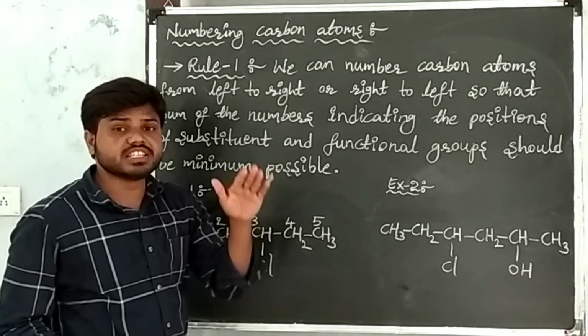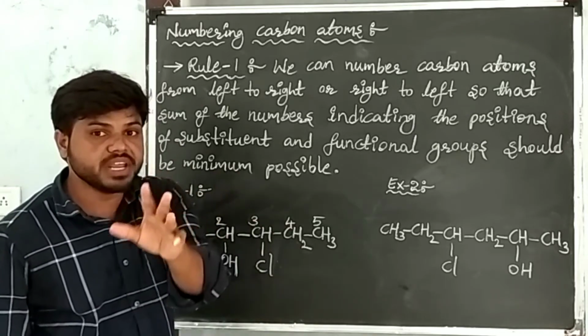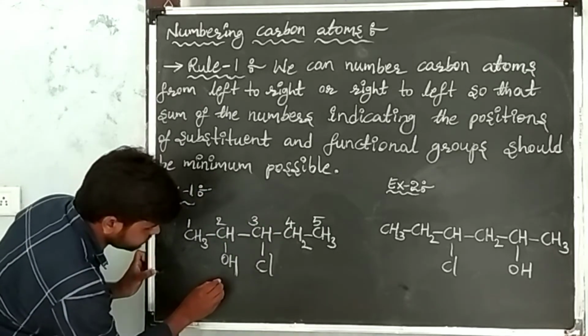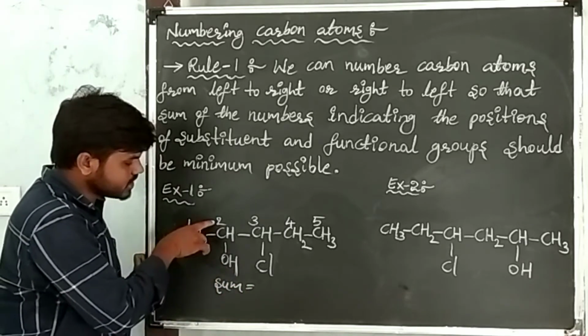We require the sum of the positions of alcohol and chlorine to be minimum possible. So I am taking the sum.